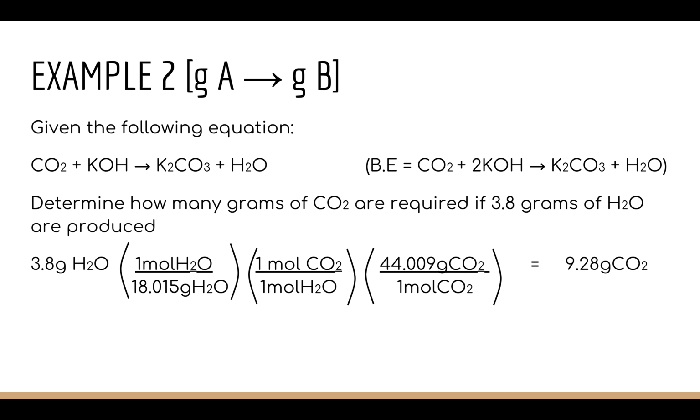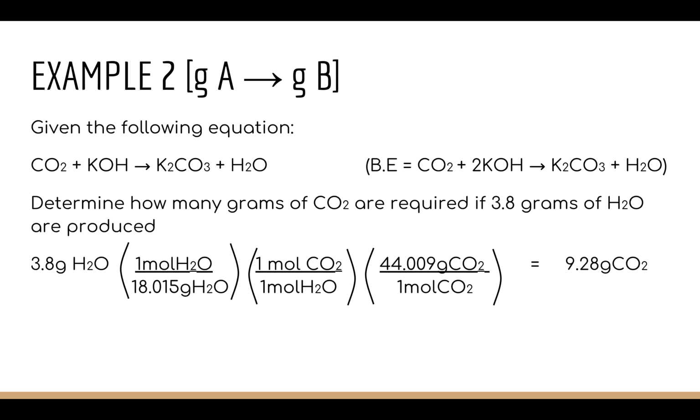Using the periodic table, we know that 1 mole of H2O is equal to 18.015 grams. We know this simply because we add the molar mass of 2 hydrogen atoms and the molar mass of 1 oxygen atom. Again, all are found on the periodic table.